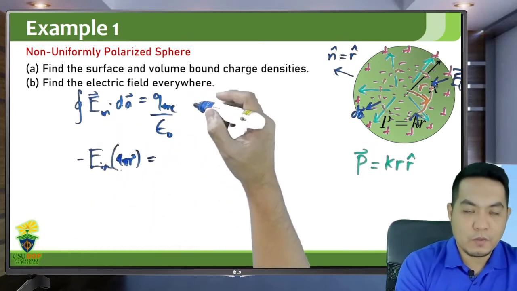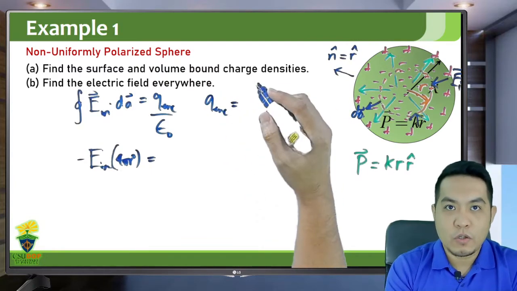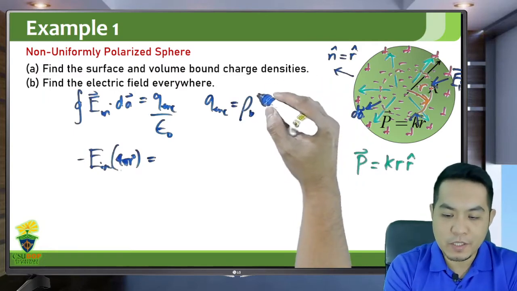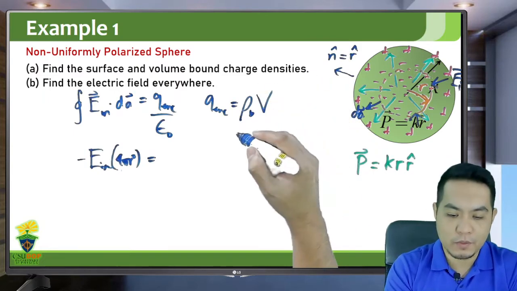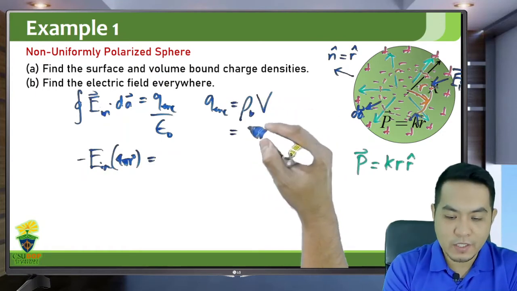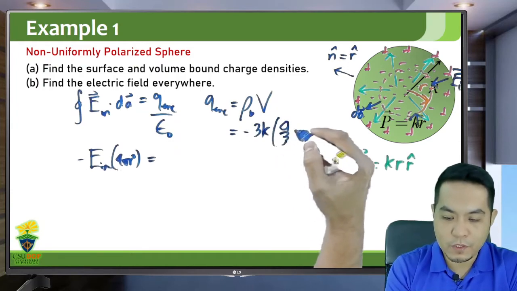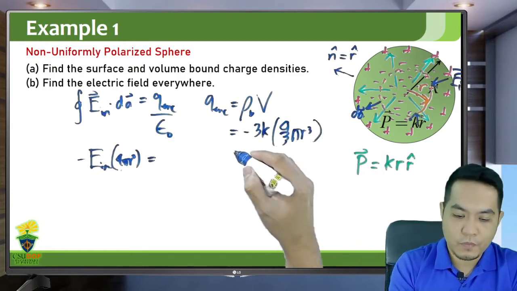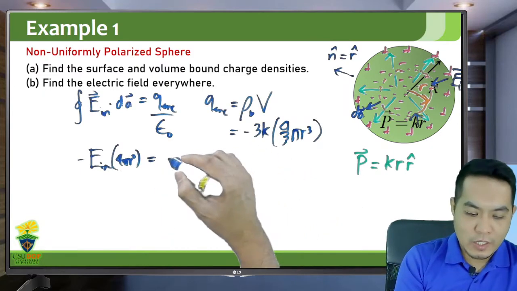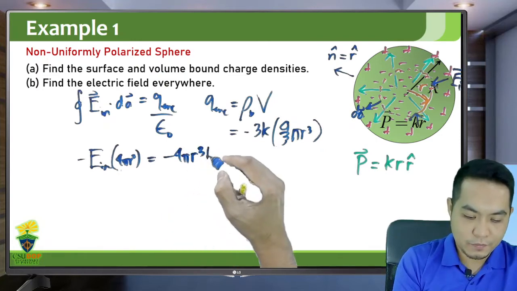And the charge enclosed, since there's a uniform charge distribution, is just the volume charge density times the volume of our Gaussian surface. We have solved this, it's negative 3k, and the volume is 4/3 pi r cubed. So the charge enclosed will give us negative 4 pi r cubed k.